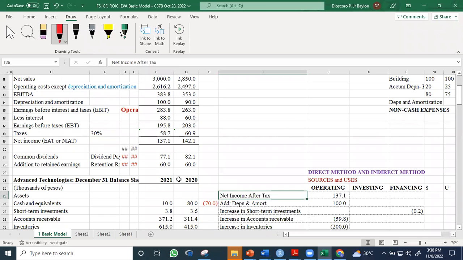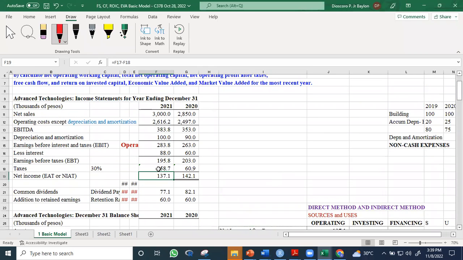Okay. So yung net income after tax, lahat ba ng mga kasama sa kanya before arriving at the net income after tax, were all they considered? Yes or no, class? So yung EBITDA, yung sales, lahat ng cost, interest expense, lahat ba yan na-consider nung kinopya natin yung net income after tax?